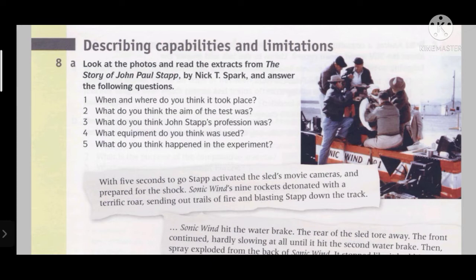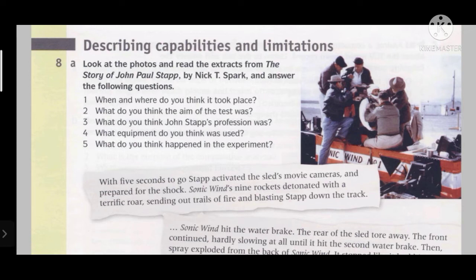Sonic Wind's 9 rockets detonated with a terrific roar. Detonated means exploded. انفجرت. With a terrific roar, roar is like the roar of a lion, بصوت ضخم كده. Sending out trails of fire and blasting Stapp down the track. Trails means sparkles. بعتت نار في كل حتة كده. And blasting Stapp down the track.